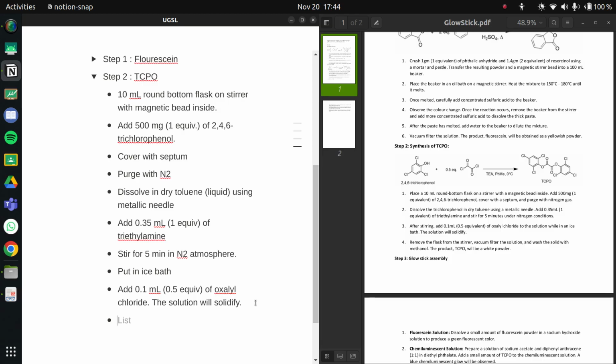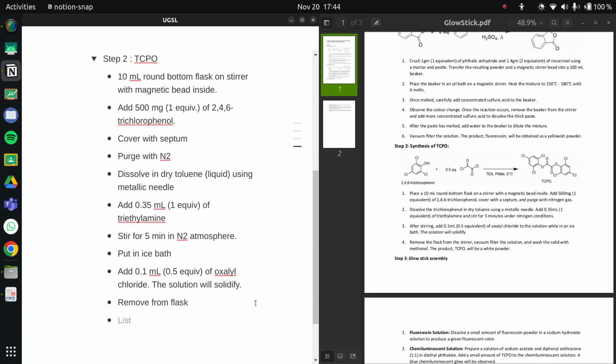Now, this is quite a bit that you have to do, isn't that right? Remove the flask from the stirrer, vacuum filter the solution, and wash the solid with methanol. The product TCPO will be a white powder. Vacuum filter the solution.